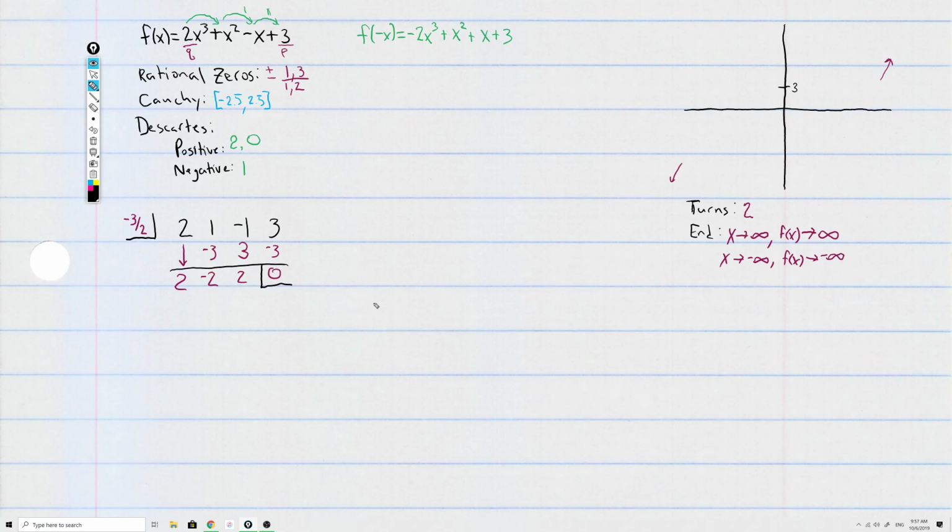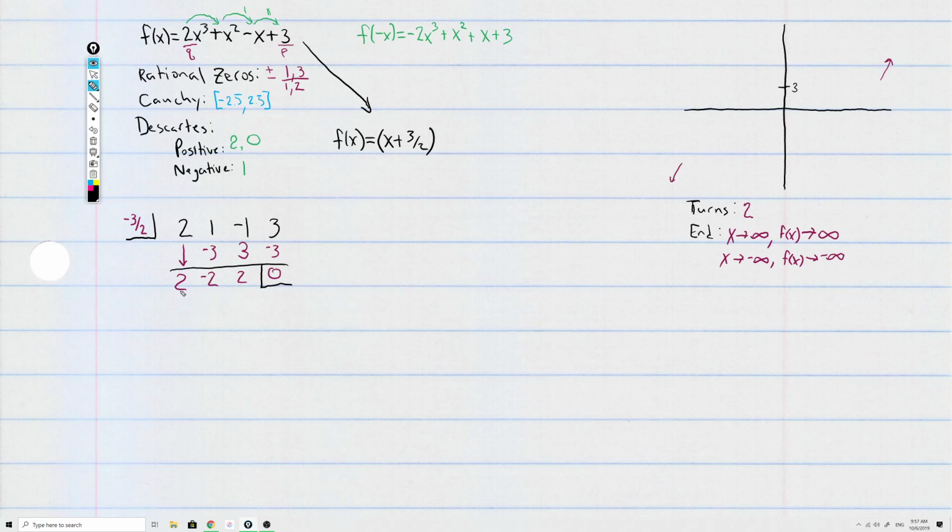Now, that means we have found a 0 of this polynomial. We know that -3/2 is a 0, but what we've also done is start to factor this polynomial. So I can start writing this in factored form. I'm going to write it just to emphasize what we're doing here. If -3/2 is a 0, then x minus -3/2, or x plus 3/2, is a factor of my polynomial.